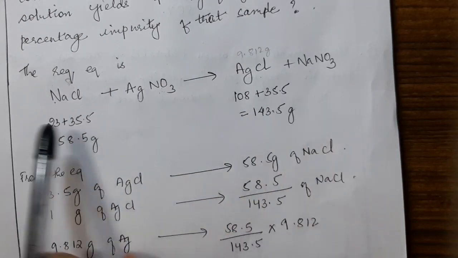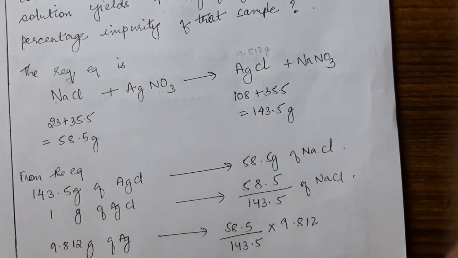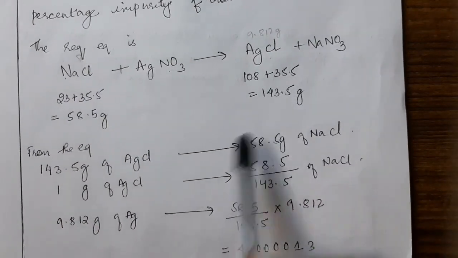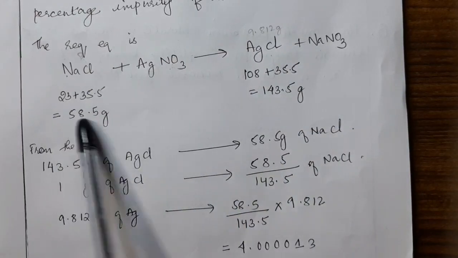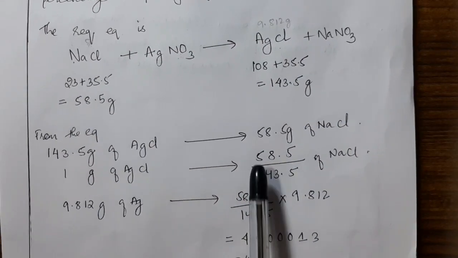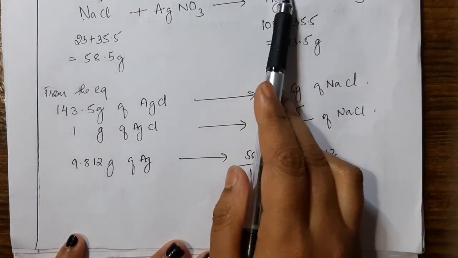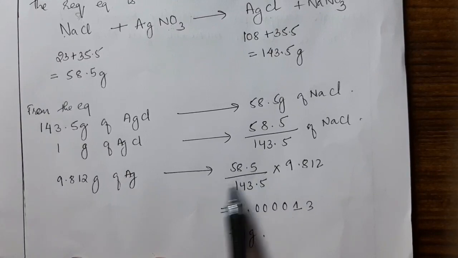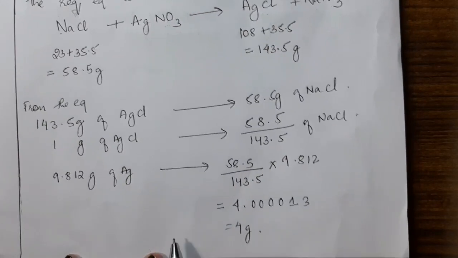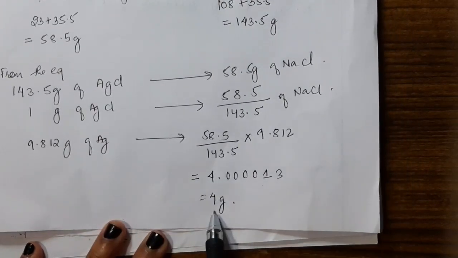Which one do we have to find out? Weight of NaCl, so we keep it on the right hand side. From the equation, 143.5 grams of AgCl gives you 58.5 grams. 1 gram will give you this divided by this number. Then for 9.812, it gives 58.5 into 9.812 divided by 143.5, which equals 4 grams.